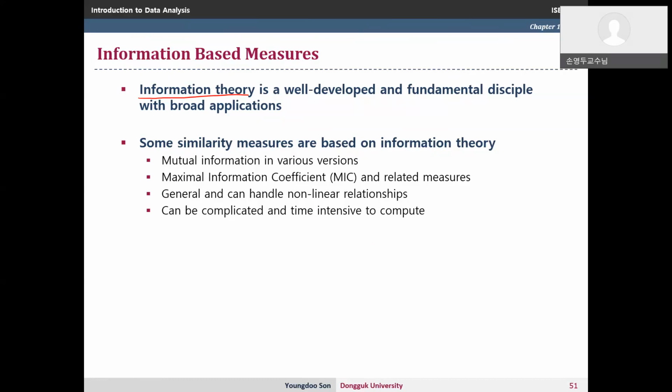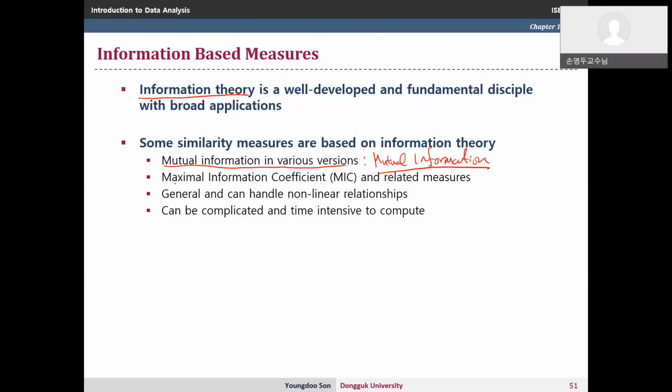Here are examples of some similarity measures based on information theory: the mutual information in various versions. Mutual information is one of the most famous similarity measures between two vectors.